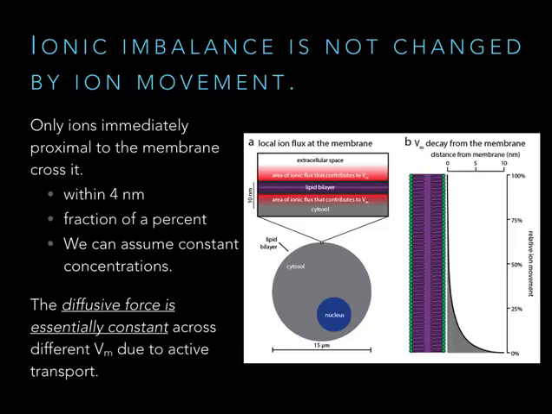So we should assume then that as ions are moving across the membrane, the diffusive force is constant. This is essentially going to be constant because we're dealing with very small fractions of the volume of the cell, and also we have that active transport.